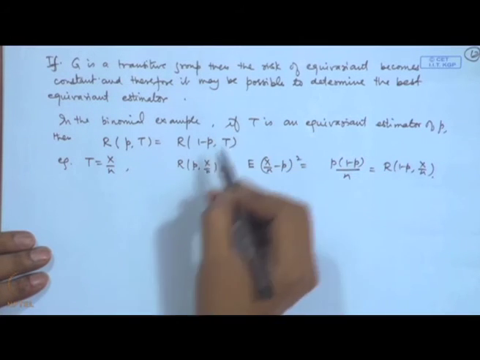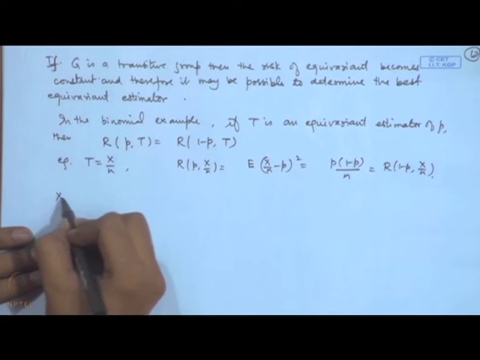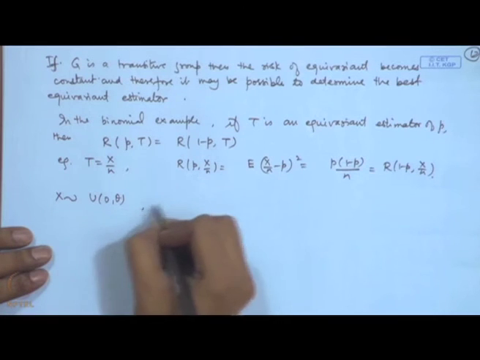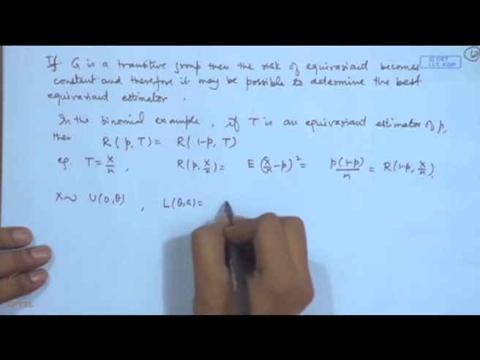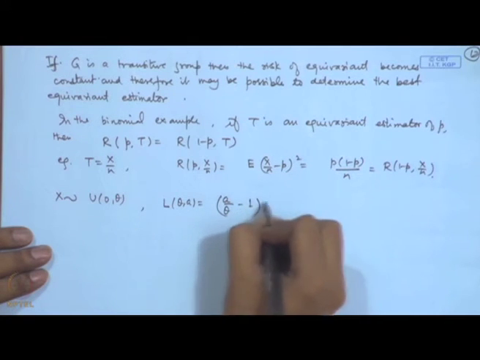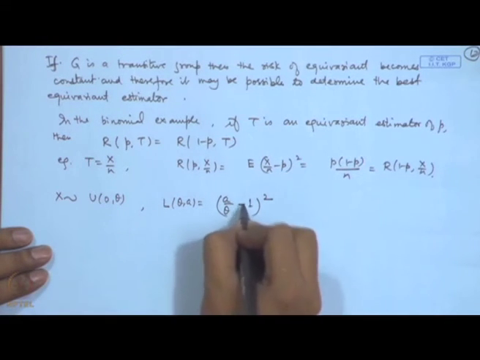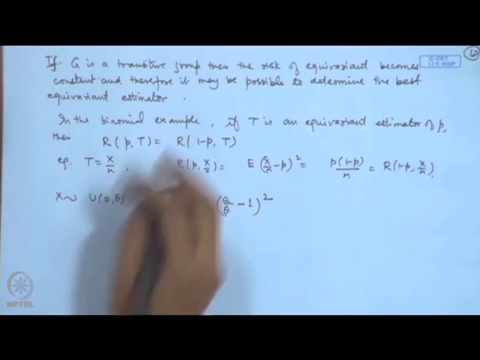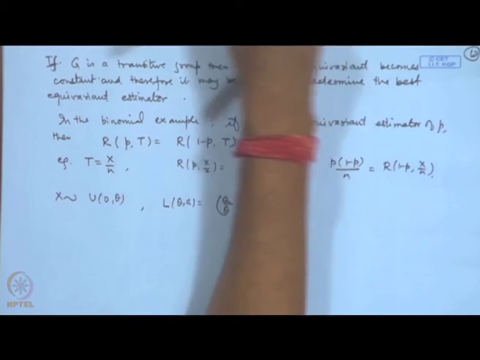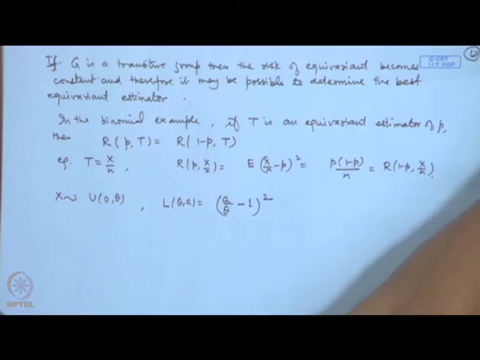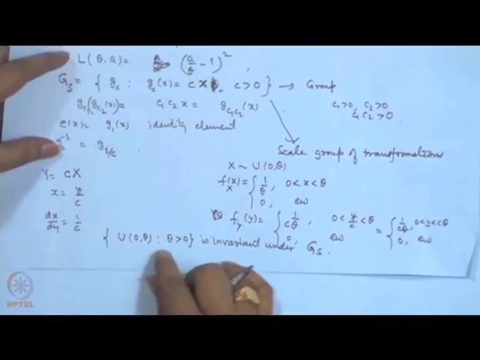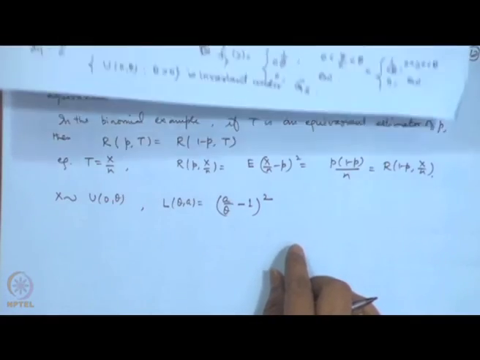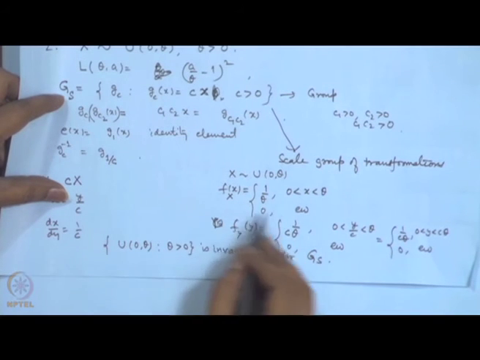However, there can be situations, let us consider x following say uniform 0 theta distribution. And we had taken the loss function as say a by theta minus 1 whole square. Here our estimator will shift to, here we are considering that the family of distributions is invariant under this, but what about the problem of estimation here?